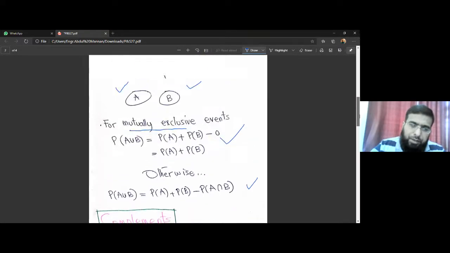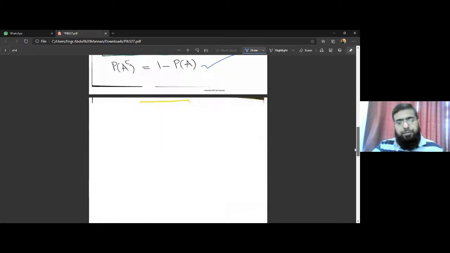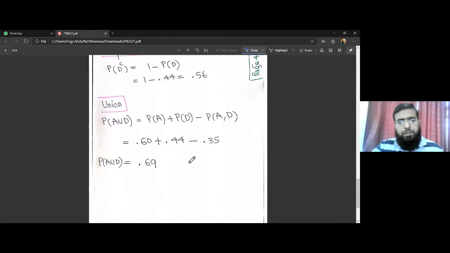This is probability of A plus probability of D minus the probability of the intersection, or the joint probability. So we apply that. Probability of A union D is probability of A plus probability of D minus probability of their happening together, A intersection D.